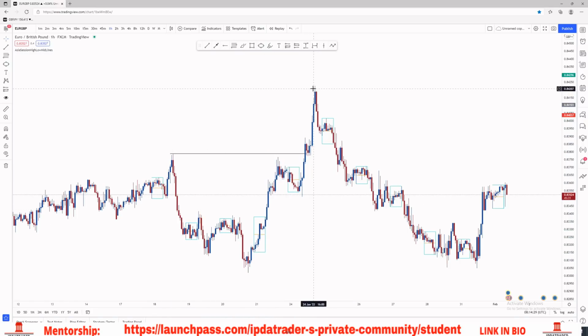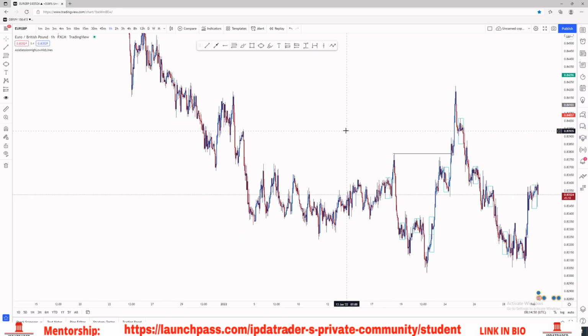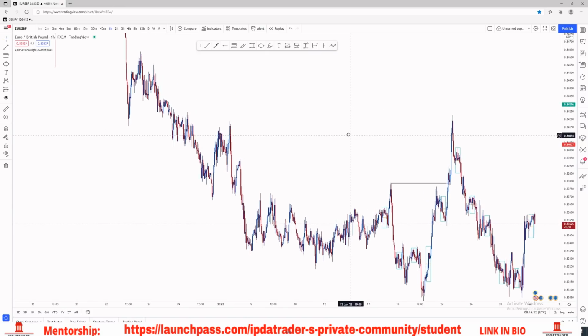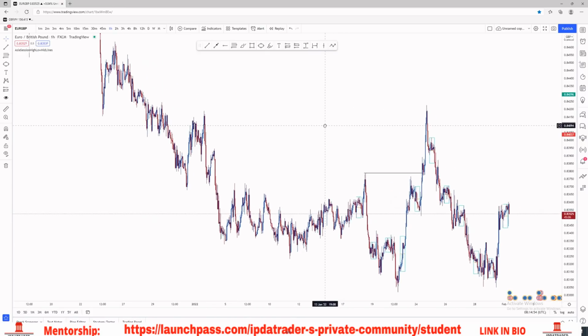Because if you look over here, there must have been some point that price has hit that was enough supply to shift this market back bearish down, to then start looking for demand once again, to now potentially be shifting once again and expecting a new supply zone to get hit to continue dropping into a new demand, right? So that's essentially how the market works and how the supply and demand dynamic works.